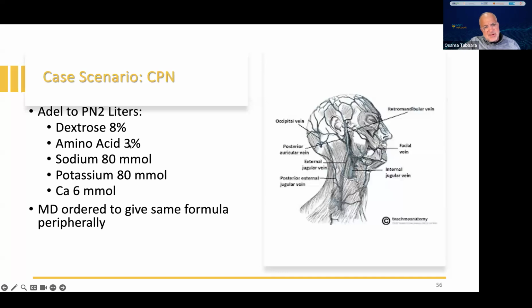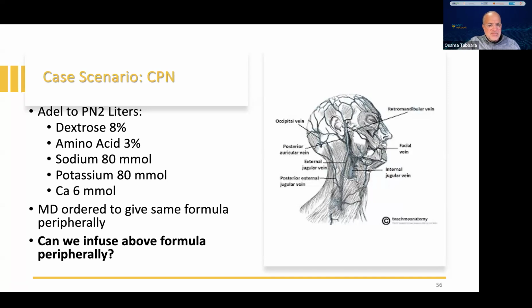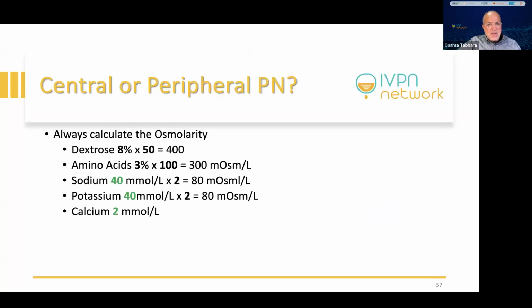We said amino acid 3% and the maximum is 2.5%. Sodium is relatively high, potassium a little bit high, and 6 millimole is really high. So we do some calculation to make sure whether this solution can be infused peripherally.